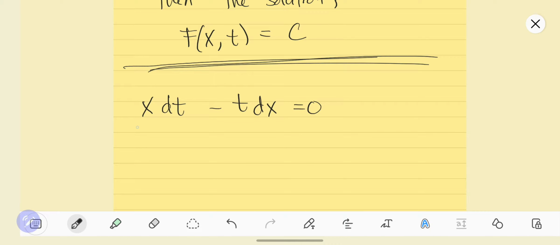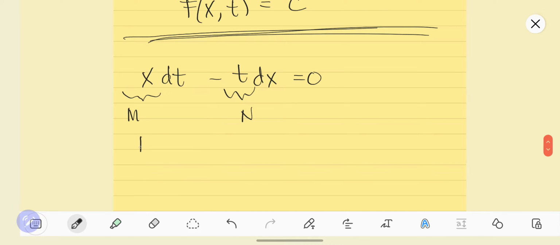We know that beside dt is M, and beside dx is N. So our M is equal to x, and our N is equal to negative t.